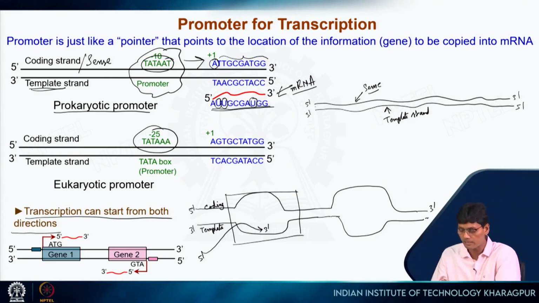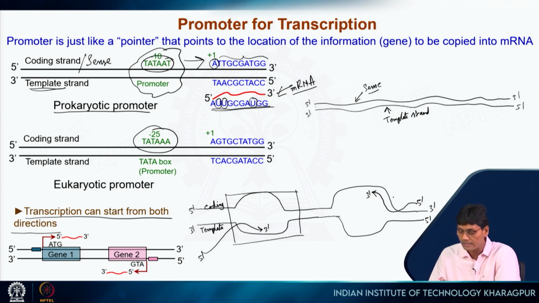So this is 3 prime and this is 5 prime. I would say transcription can happen like this, again with 5 prime to 3 prime direction of synthesis. So what would we see?